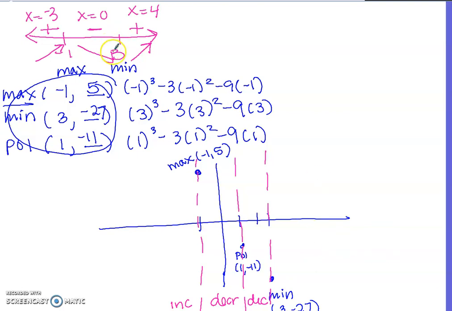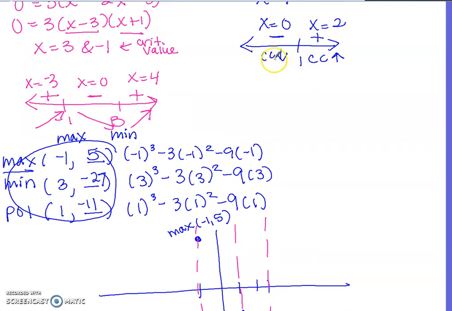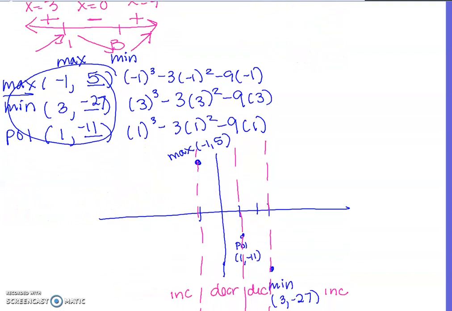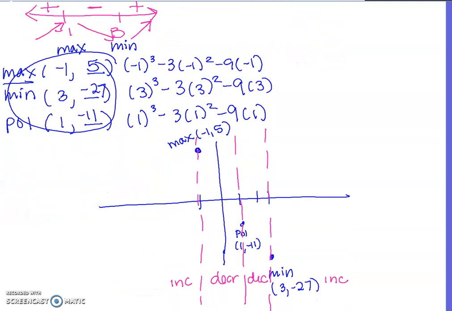And then from positive 3 to infinity, I am increasing. Looking at concavity, you change from concave down to concave up at positive 1. So to the left of positive 1, I am concave down. So that's going to be here and here. But then once I hit positive 1, it's concave up.